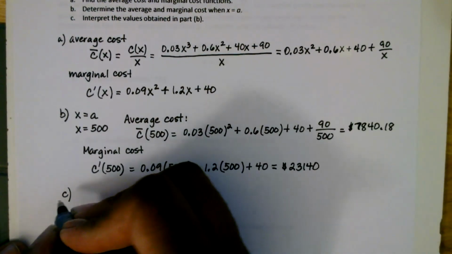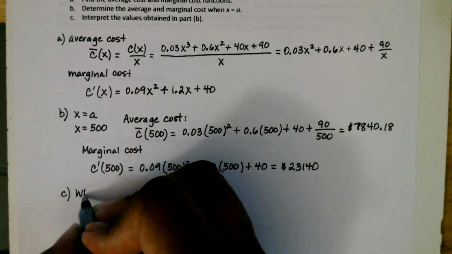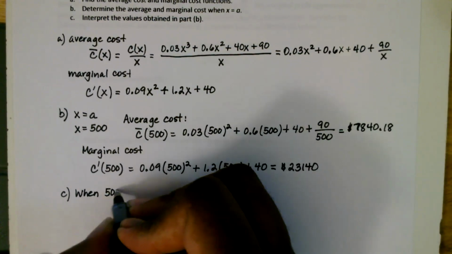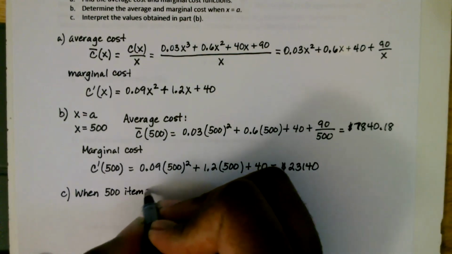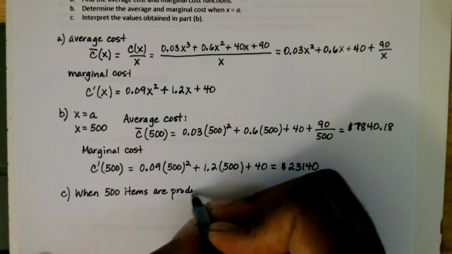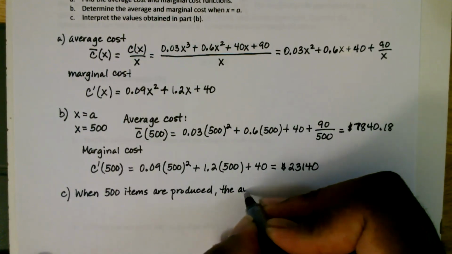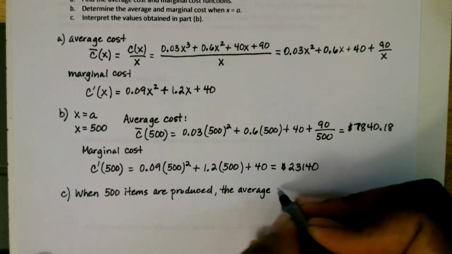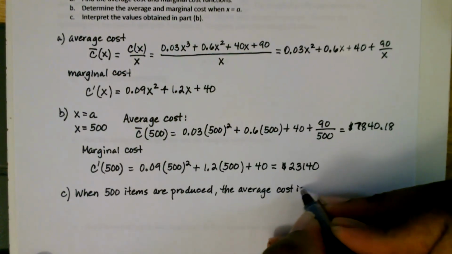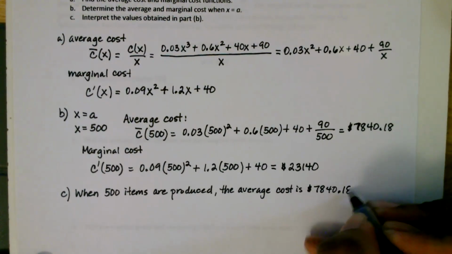Now, in part C, we're to interpret those values that we got in part B. So let's interpret the average cost. What that means here is this: when 500 items are produced, the average cost is $7,840.18.